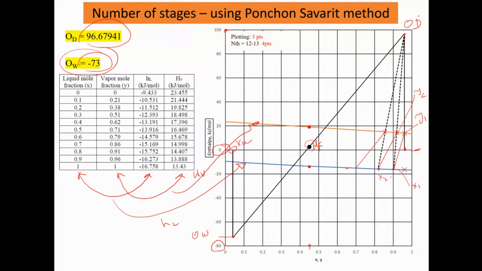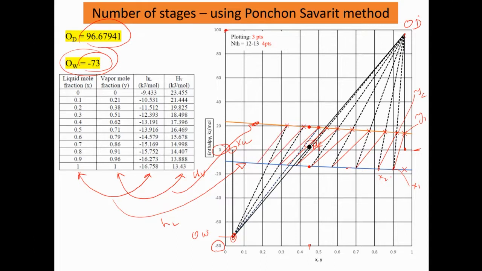You do that, and each time you move to the left until you cross the feed, as you see here. Once you cross the feed, you have to switch now to the OW. OW means you connect this one with OW and so on, and then you can get the other points as well.